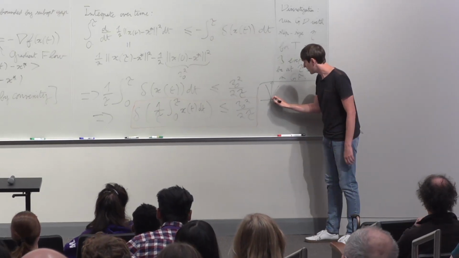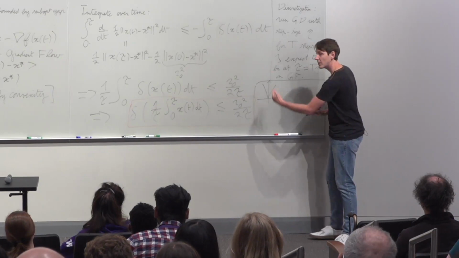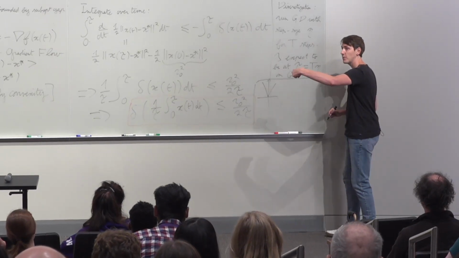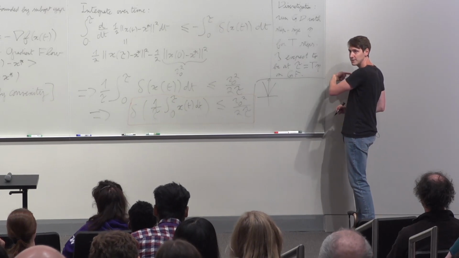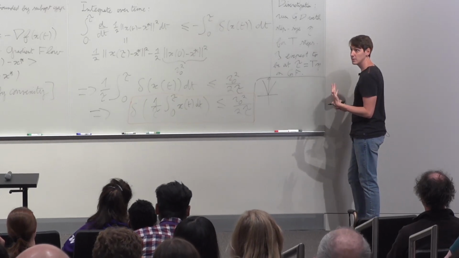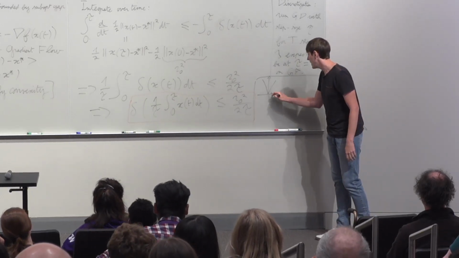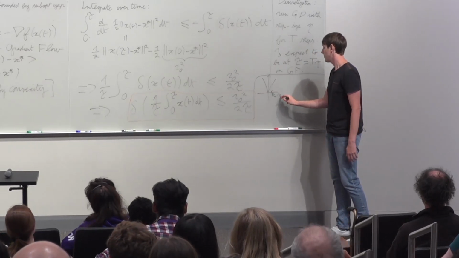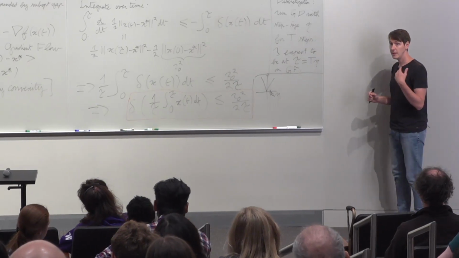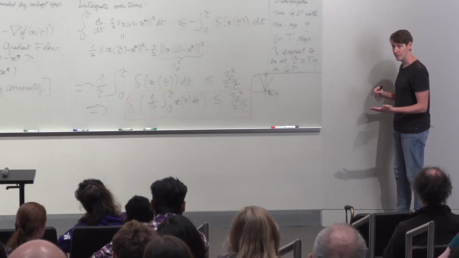So what's the problem? The problem is I could be here, very close to the optimum, but my gradient is telling me, minus 1, move step 1 in that direction. So if I do that with a step size eta, then I will end up at some point here, which is at distance eta. So the error that I make is of order eta.